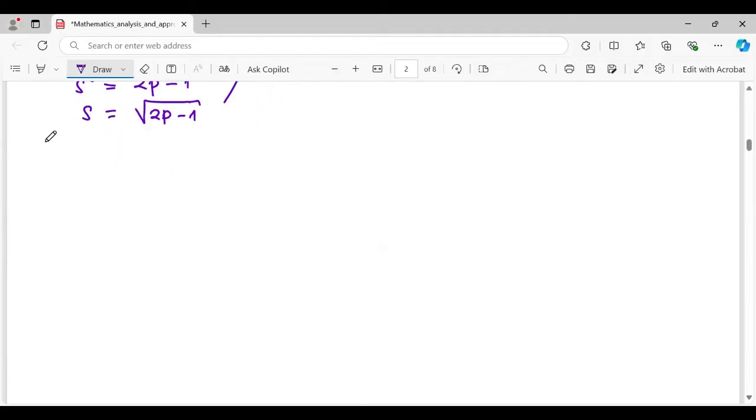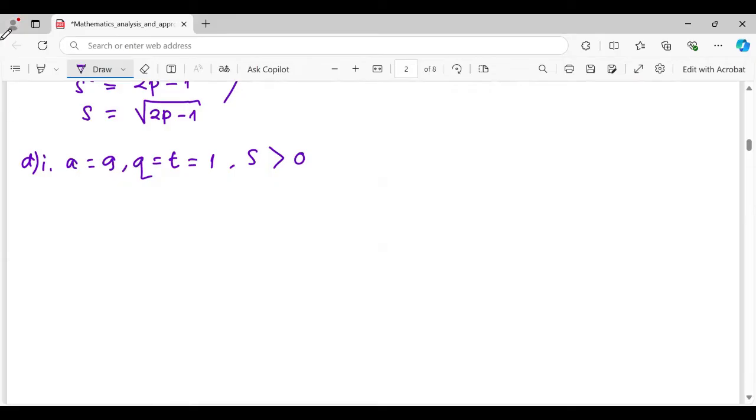Okay, part 1. A equals 9, q equals t equals 1, and s should be greater than 0.